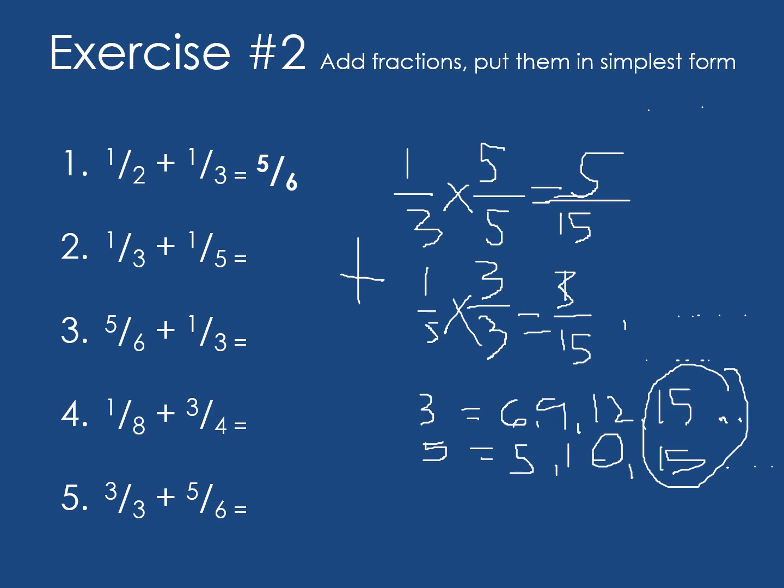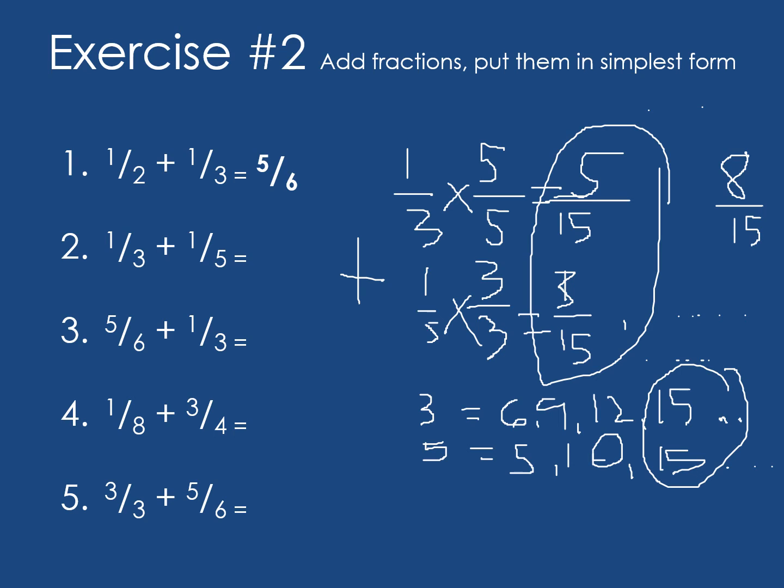Then you can now add. So this is now a similar fraction. You have to add the numerators, then copy the denominator. So the numerator here is 5 plus 3. The answer is 8. Copy the denominator, 15.